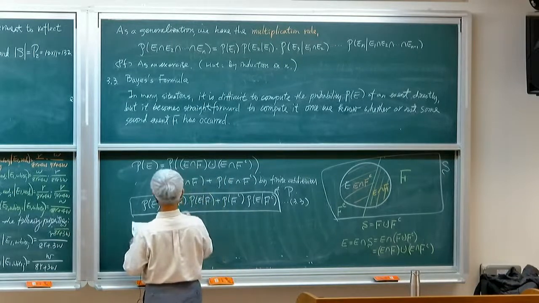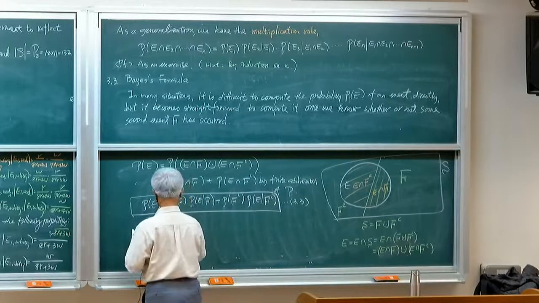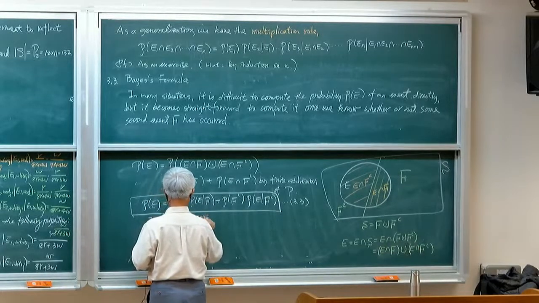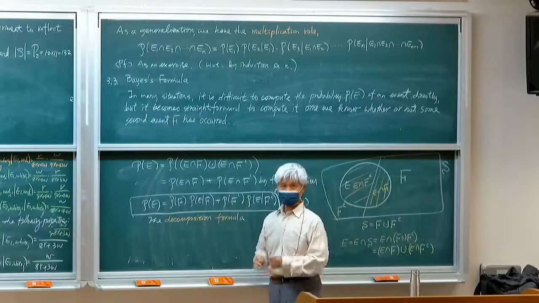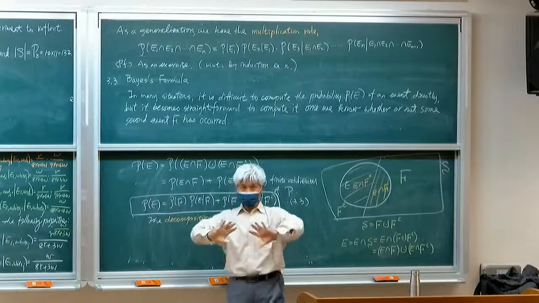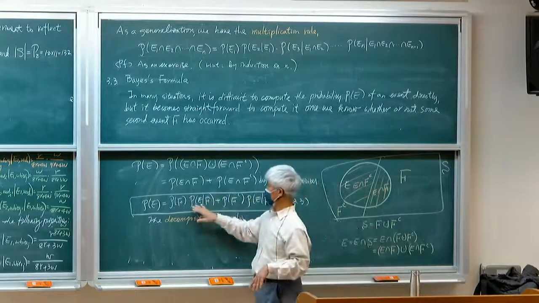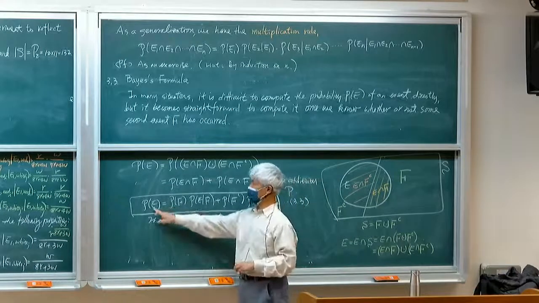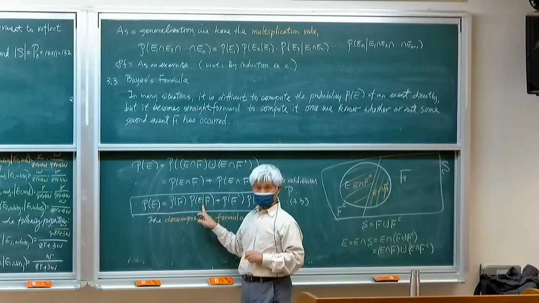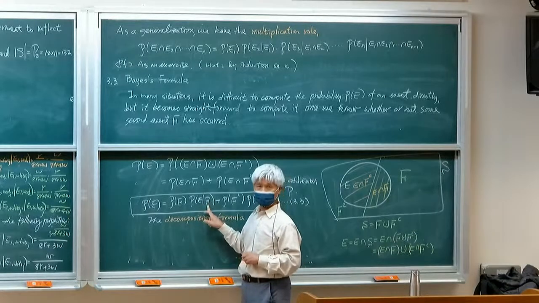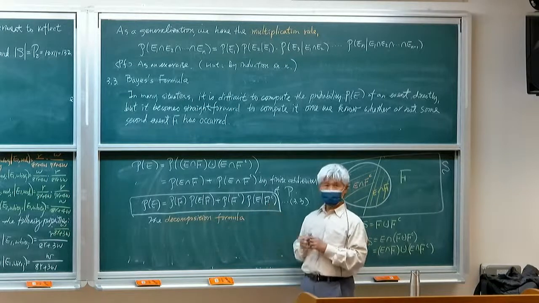This is called the decomposition formula, because we decompose event E into two disjoint parts by using another event F. So to compute the probability of event E, we compute the conditional probability of event E given F, that is, event F has occurred, and the conditional probability of event E given event F does not occur.